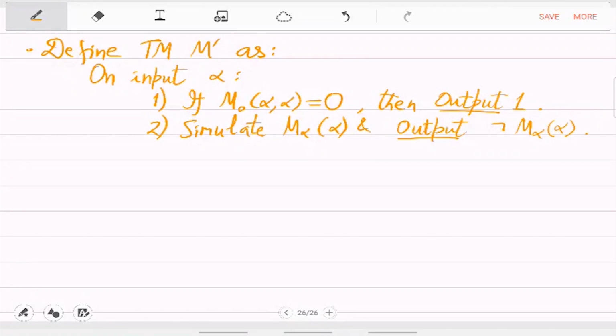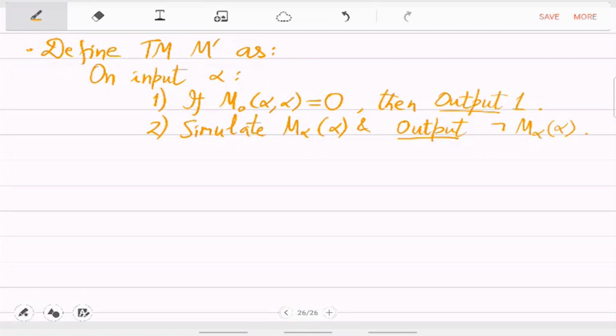Okay, so this completes the definition of M prime. What M prime is doing is, it is exploiting M0 to check whether M alpha is going to halt on alpha or not, on itself or not. If it doesn't, then it outputs 1. If it does, then it negates the answer. That's M prime.